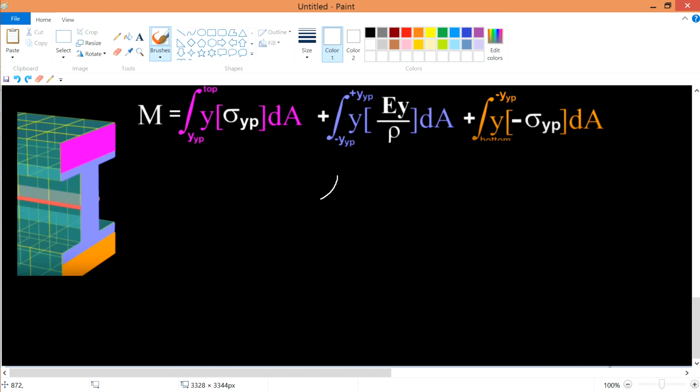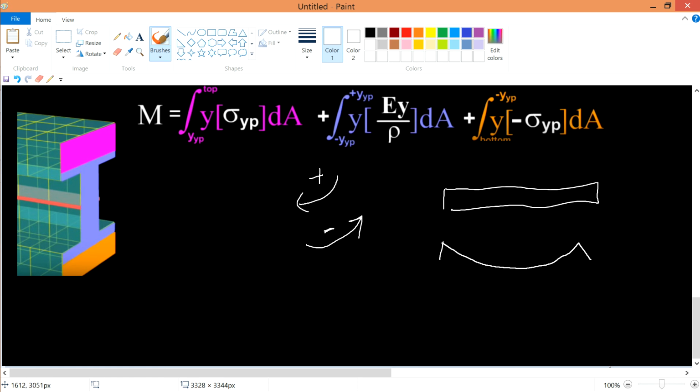If I set the moment direction so this is plus and this is minus, then let's say you have a beam over here in the 2D view, and if you were to bend it, your top part is going to experience compression. It's going in this direction, plus, while this one will go in the negative direction, minus, and therefore the bottom plane is minus, while the top plane is simply plus.